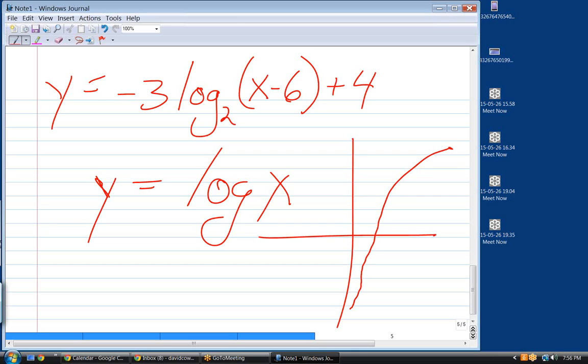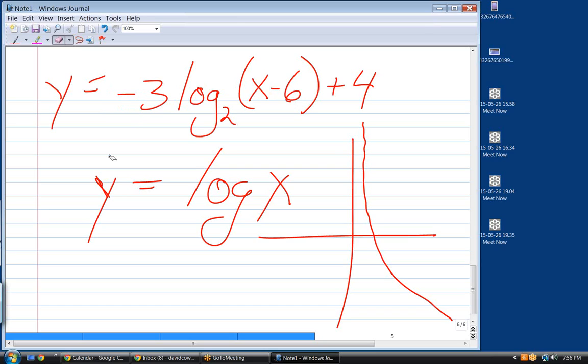If I reflect it over the x-axis, it looks a little different, but it's still going from negative infinity to positive infinity. If I move it left or right, up or down, it doesn't matter. So you don't need to work with anything other than knowing that the range is always negative infinity to positive infinity. I can't think of a case where it would change it.